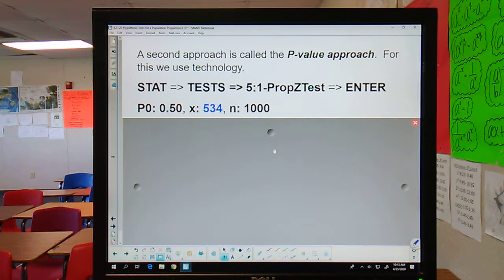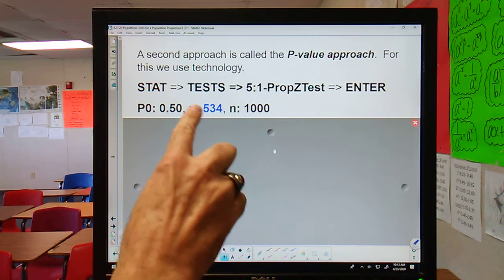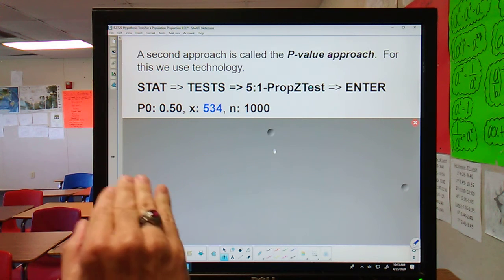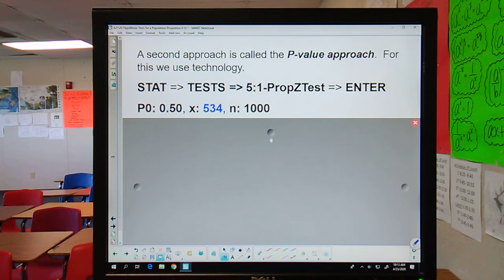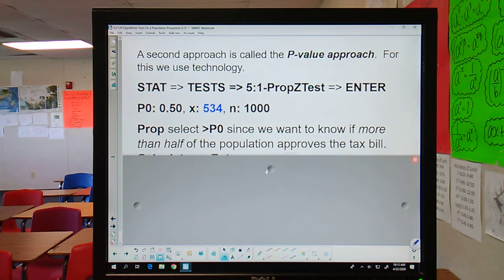It's 534. That's how many out of 1,000 she got in her poll. So you're putting in the actual number, not the decimal. Put in 534 for x, 1,000 for n, and then for this next part, it says prop, and there are 3 selections.